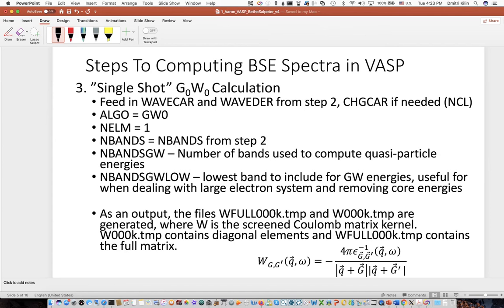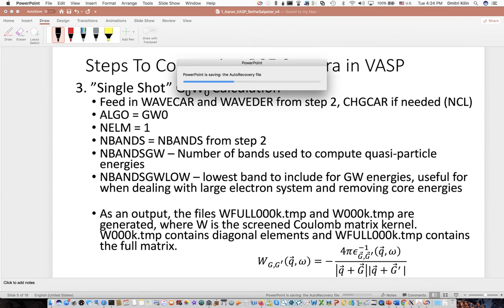There are a lot of flavors of GW that can be run, but in this case, this is just a single point calculation.